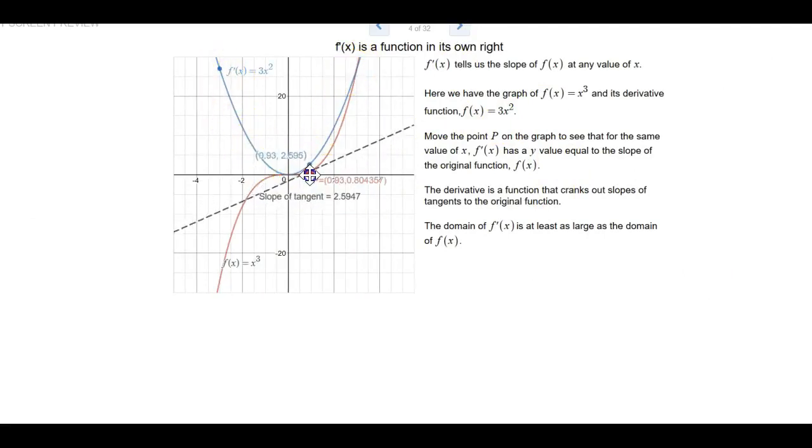And notice as I move along f of x equals x cubed, notice what the slope of the tangent line is, and notice what the output value is of that derivative function. So the derivative is a new function derived from the original function that's giving me slopes of tangents as output.